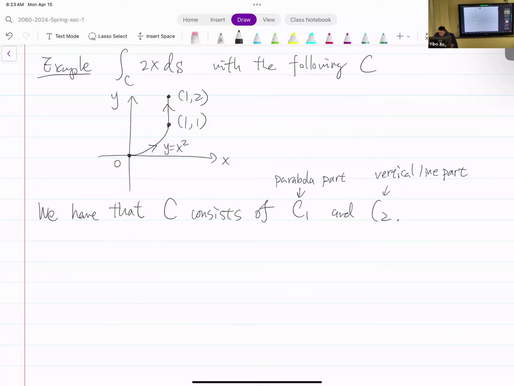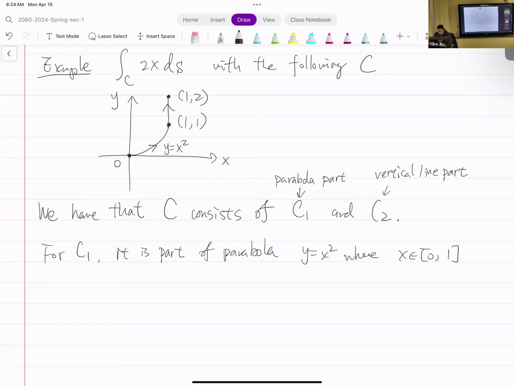For each piece, we need to decide the parameterization, and then we can write down the interval. For C1, it is the part of the parabola y equals x squared, where x is between 0 and 1.